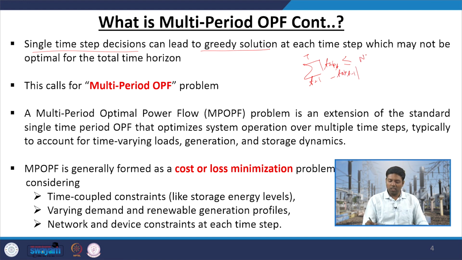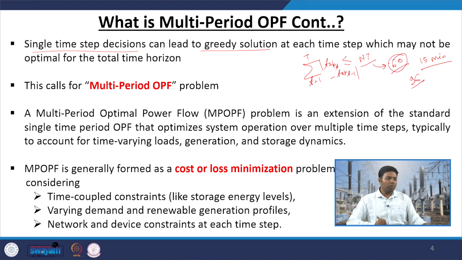We are saying that it should be less than some value. If you do the tap changing at every time step independently and you say, let us say, the limit N t equals 60 and your time step is a 15-minute interval, then for 24 hours you have a total of 96 time intervals, but the allowable tap changing operation is only 60.